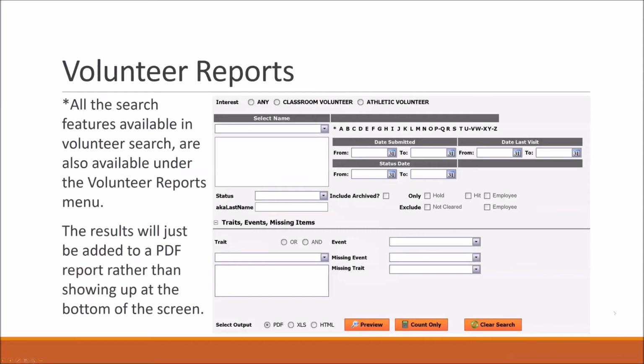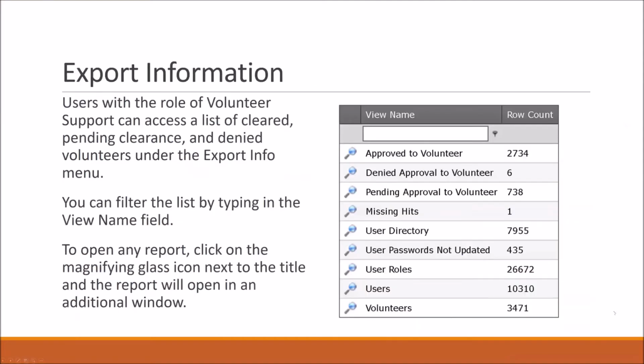And the third area in the system to search and find volunteers is under the export information menu. And like I said, this menu is also available to users with the role of volunteer support. However, they don't see everything under this menu like an HR admin user would see.